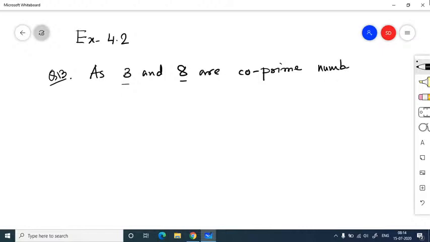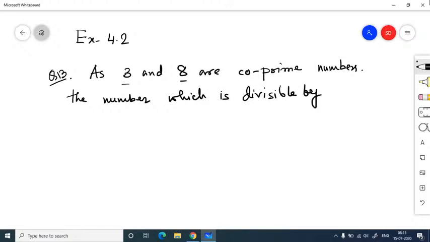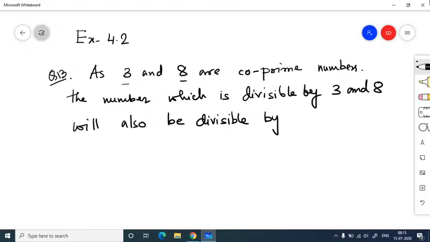Co-prime numbers, then the number which is divisible by 3 and 8 will also be divisible by 24, the product of 3 and 8.